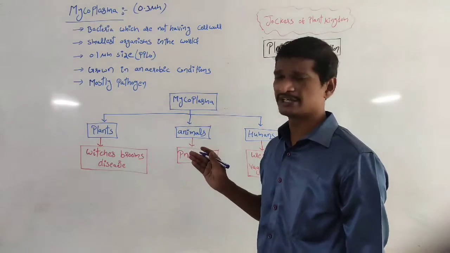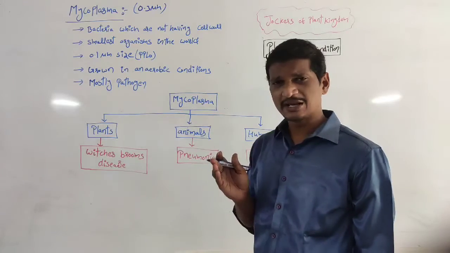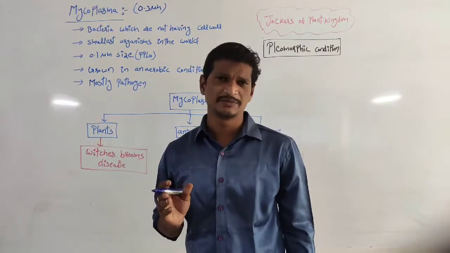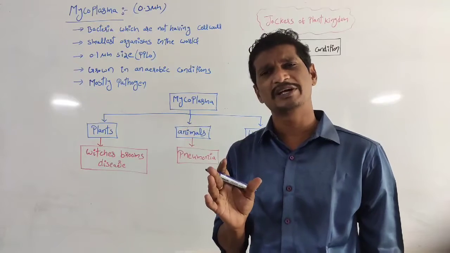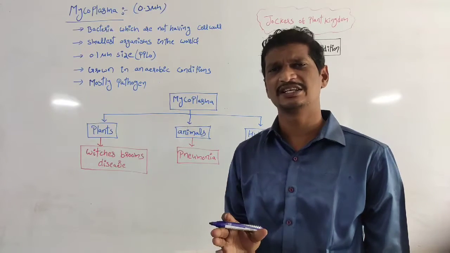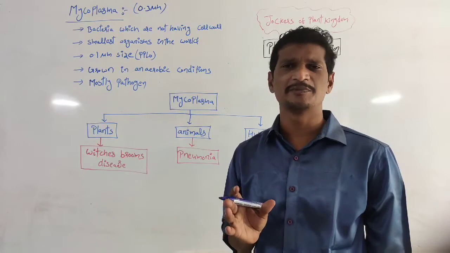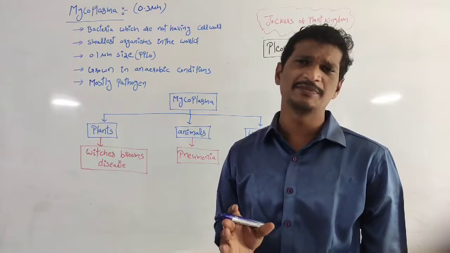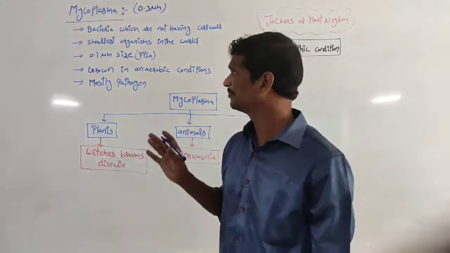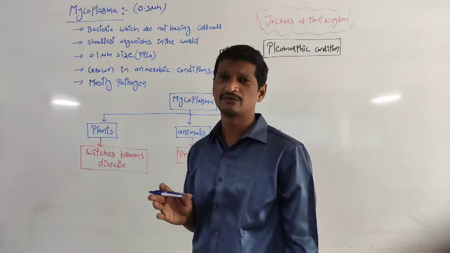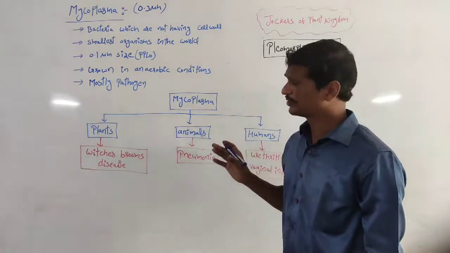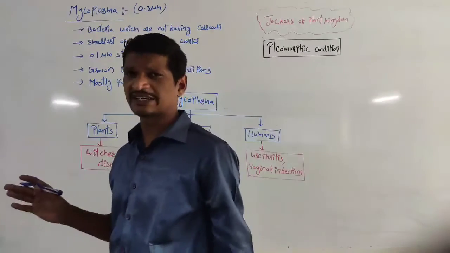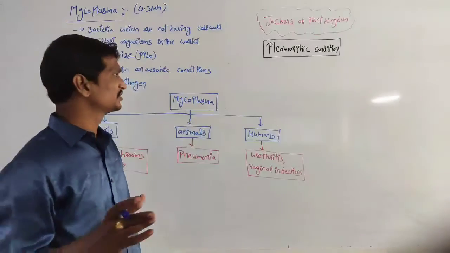PPLO is one of the types within the mycoplasma, and the size of PPLO is 0.1 micrometer. And these bacteria are grown in anaerobic conditions.